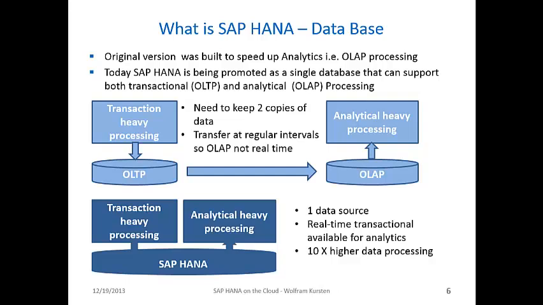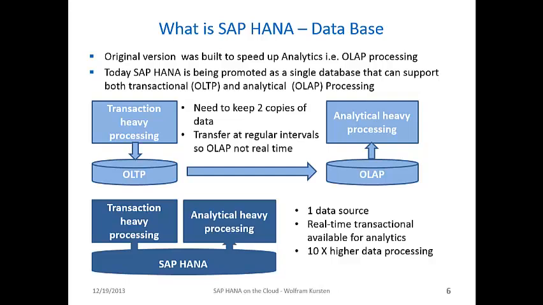So typically in a traditional technology architecture, you would have 2 databases, and you would need to keep 2 copies of the data, and at regular intervals you would transfer the data across from one database to the other. So therefore, analytical processing would not be in real time.